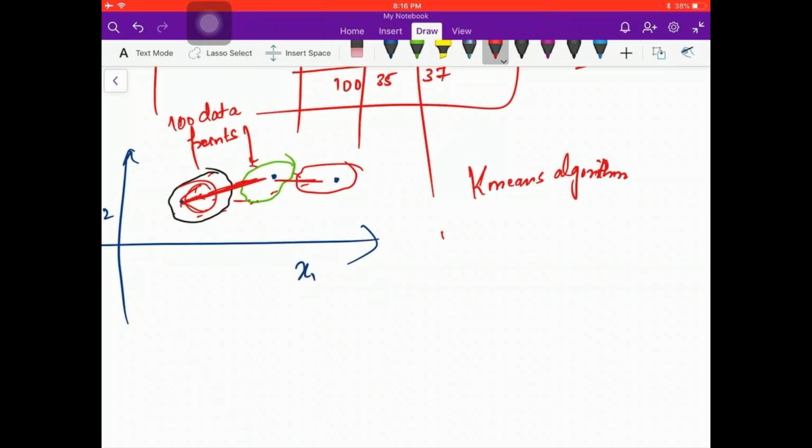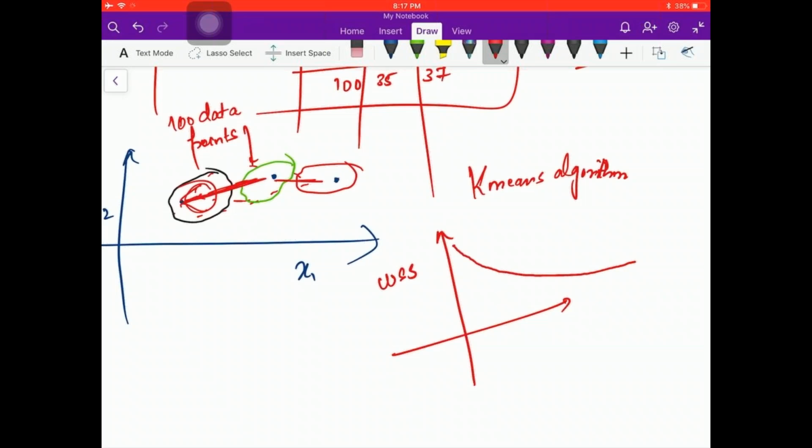So now, this is the objective function, and let's say I am trying to reduce the within sum of squares, right? My within sum of squares will reduce as we increase the number of clusters. As I go on increasing the number of clusters, my clusters will become small.